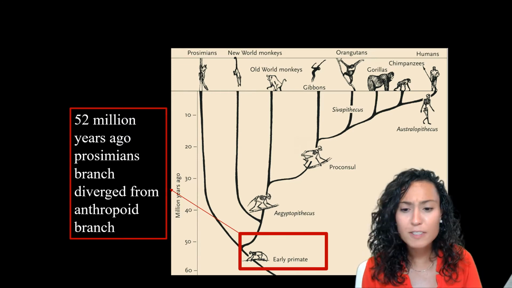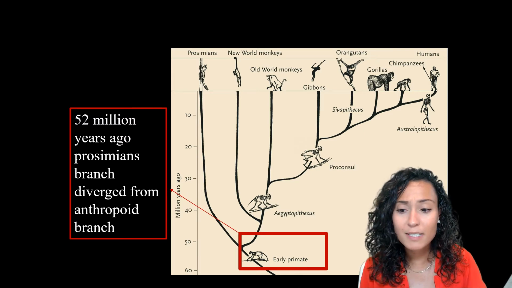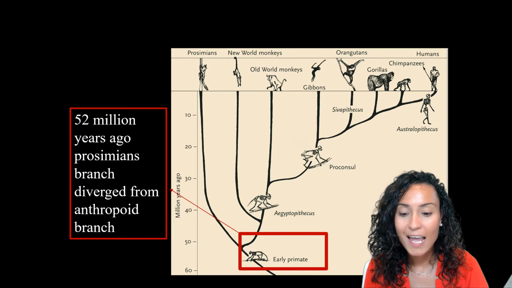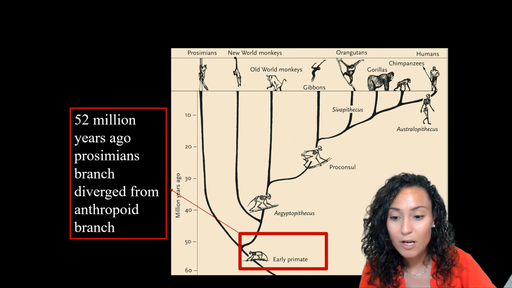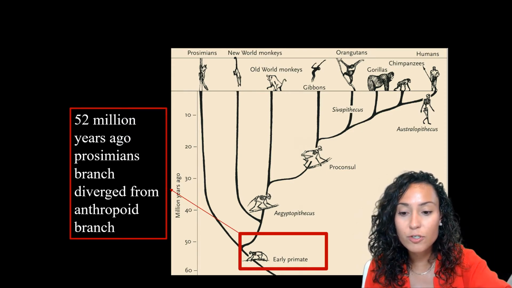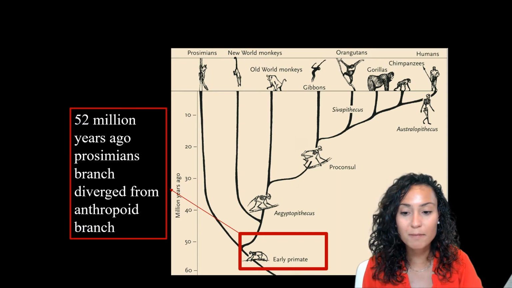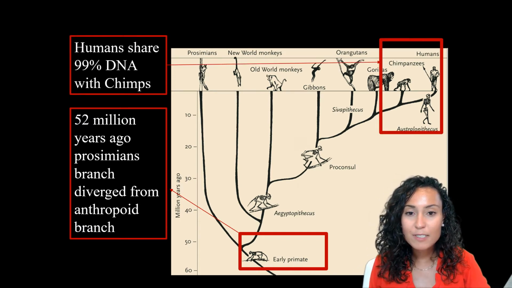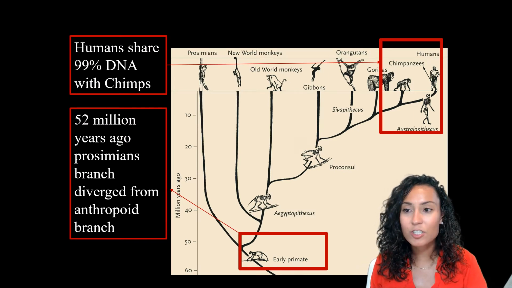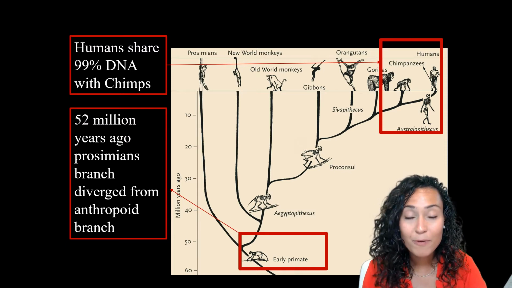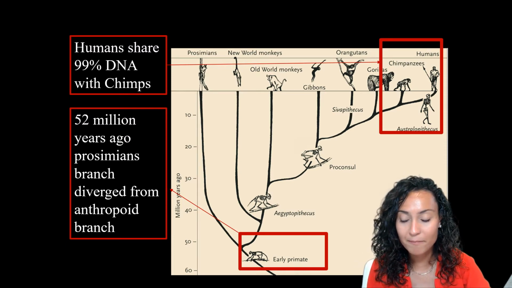Sometime around 52 million years ago, prosimians break away from these other primate groups, and our direct primate ancestors go on a totally different set of evolutionary journeys from these early prosimian ancestors. As a result, our ancestors share more DNA in common with chimpanzees than with any other primate.